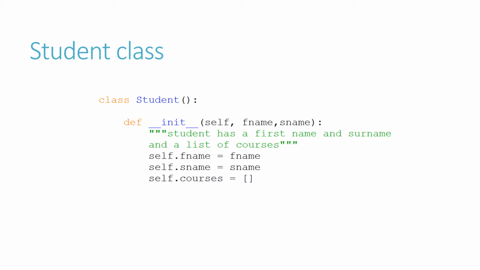So here is a Python constructor with the features that we've been talking about: first name, surname, and a list of courses. You'll also see that I've added a triple quote mark string at the start of the constructor to remind me of the attributes of the class.